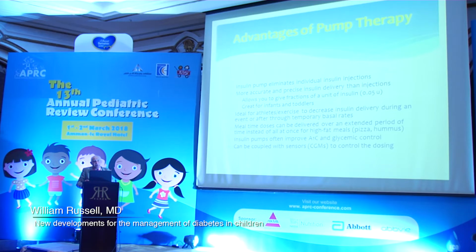Certain foods, and we talk about pizza as the example, I would imagine hummus and other foods that are particularly rich in carbohydrate and fat have a prolonged absorption, and so you need a prolonged delivery of insulin. So you can tell the pump to give what's called a dual wave or an extended wave of insulin that protracts the delivery of the insulin over a longer period of time.